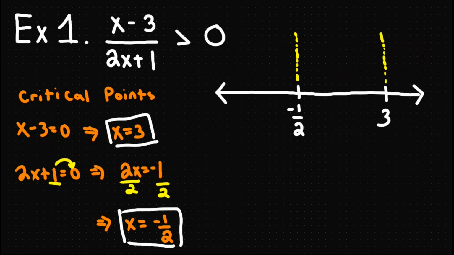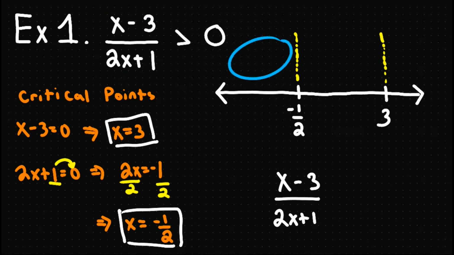So what we do is we check the sign of our given expression in these areas. So let's write that one, x minus 3 over 2x plus 1. So let's have a test value on this area.